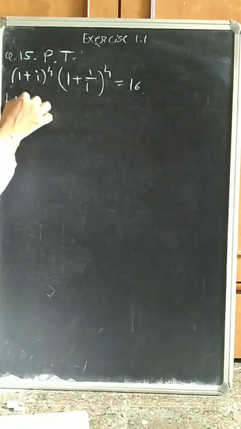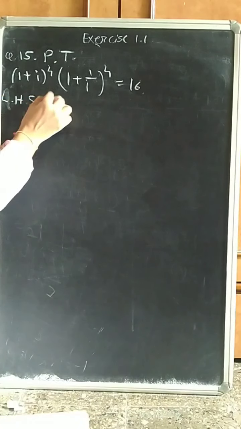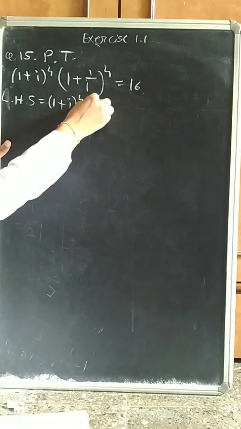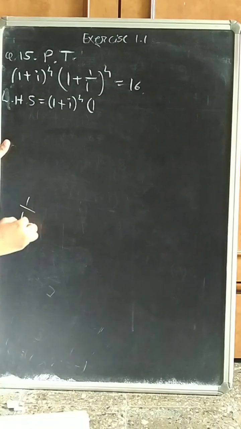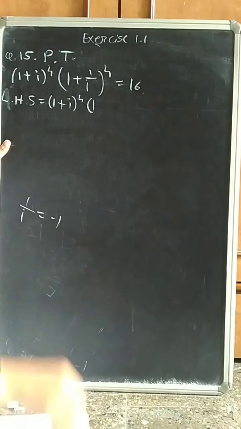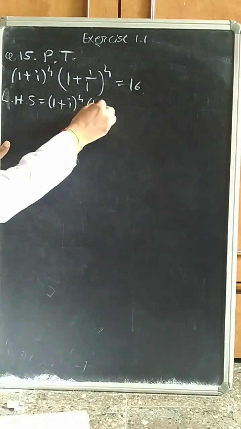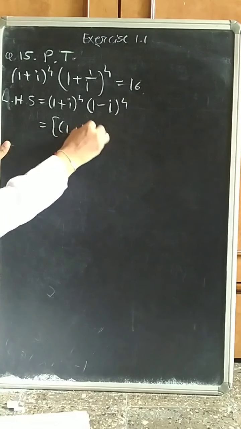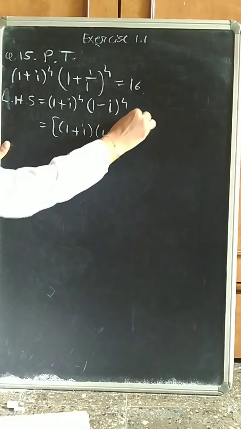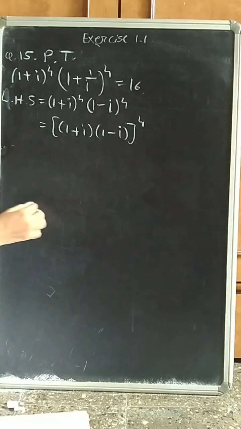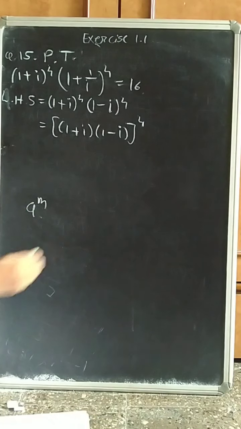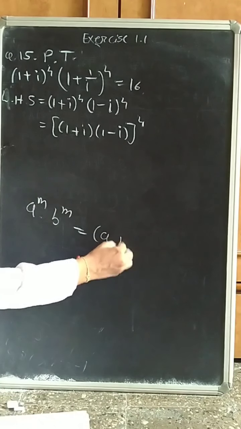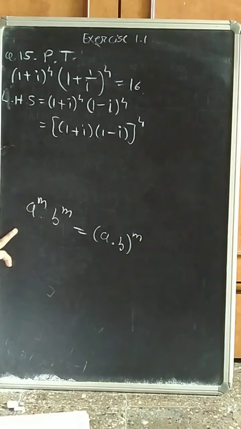Now LHS, which is equal to 1 plus i raised to 4 into 1 plus 1 upon i. पण 1 upon i म्हणजेच मायनस i आहे, तर आपण त्याच्या जागी 1 upon i च्या जागी मायनस i पुट करू. 1 minus i raised to 4. This we can write as 1 plus i into 1 minus i raised to 4. How? So a raised to m into b raised to m, यालाच आपण a into b whole raised to m असं लिहू शकतो.